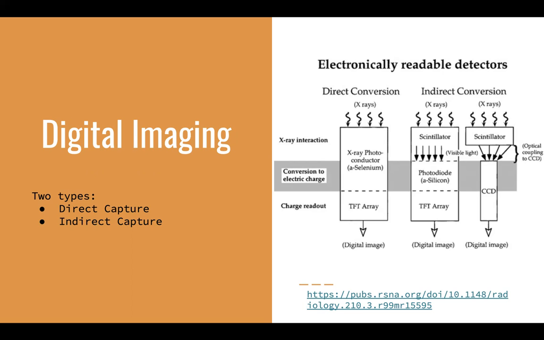So direct capture is hardwired to the image processing system, which means the technologist doesn't have to place the IR into the reader like you do in computed radiography. And then indirect capture is X-ray energy that is converted to light by a scintillator.